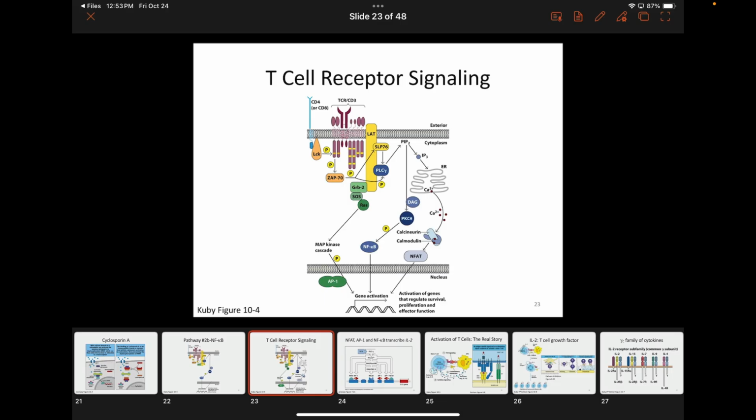You're blocking this IL-2 stuff we care about, but there are some other things the T cell can still do, because you're blocking something further down on a branch. Now let's imagine I have a drug that blocks LCK, or a drug that blocks ZAP70.